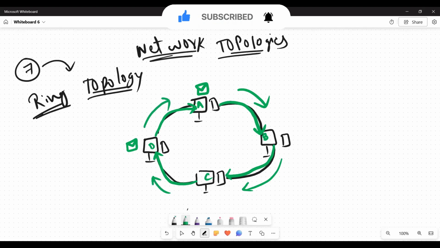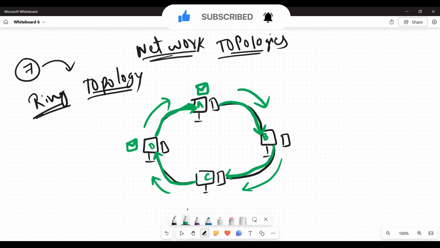So A will send the data to B and ask, does the data belong to you? No. Then it will move forward and ask C and then D. Then D will send confirmation directly: yes, this is the message that I received.